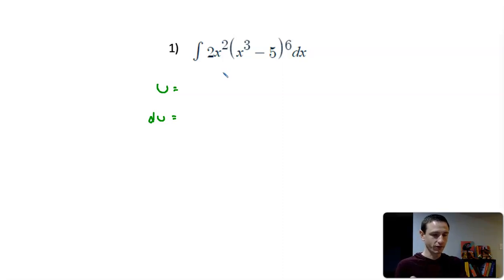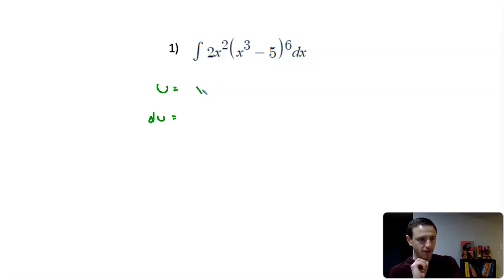I know that sounds a little confusing, but I want to be able to remove everything out of this integral and change it in terms of u. And when I change it in terms of u, I want to be able to integrate that u. So I'm noticing right now I have x to the third minus 5, to the 6th.